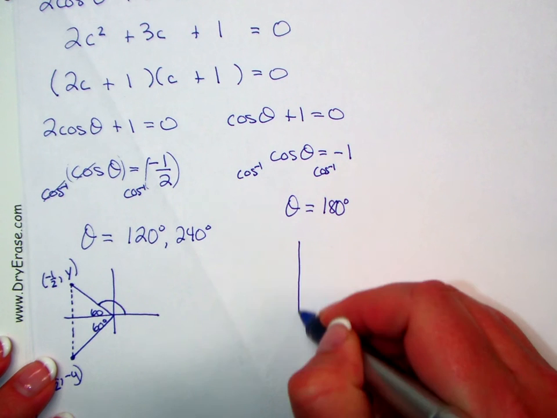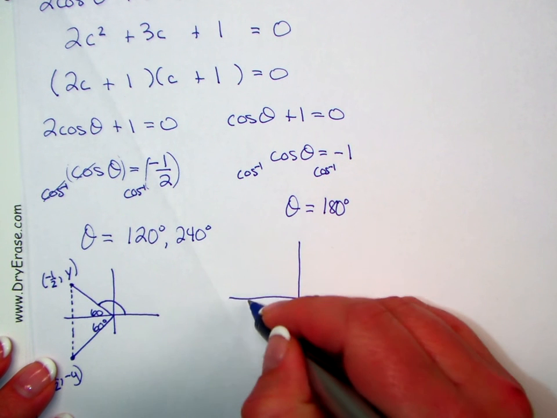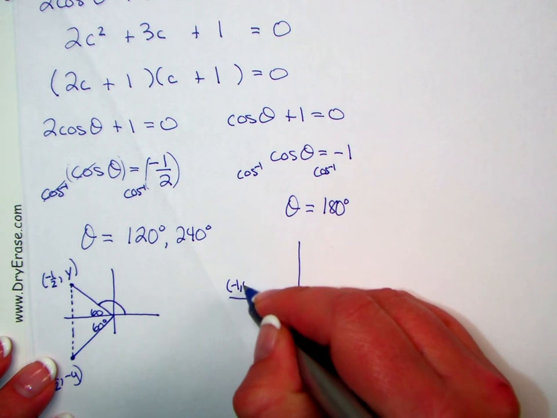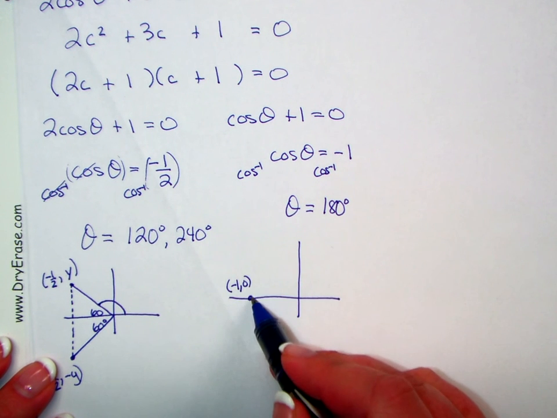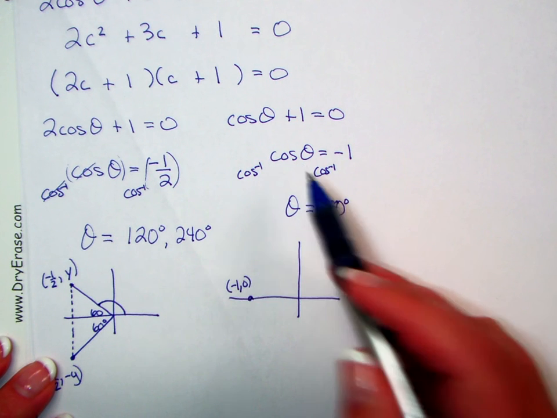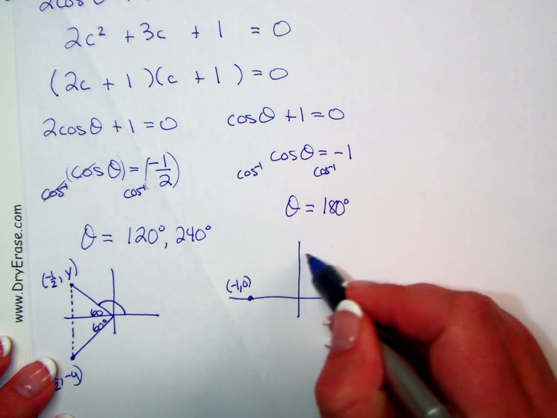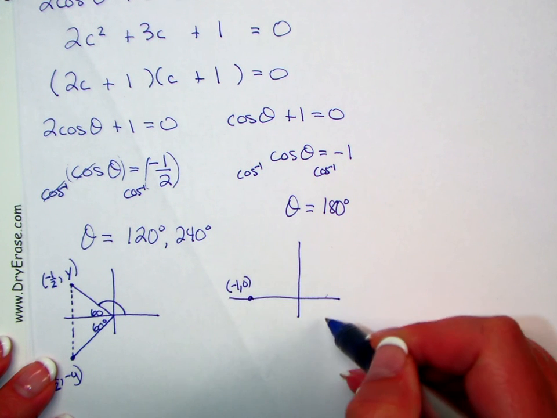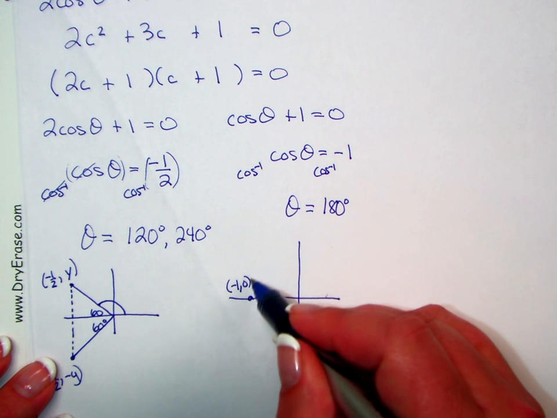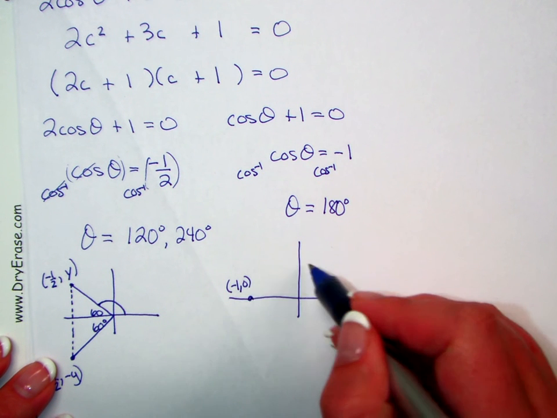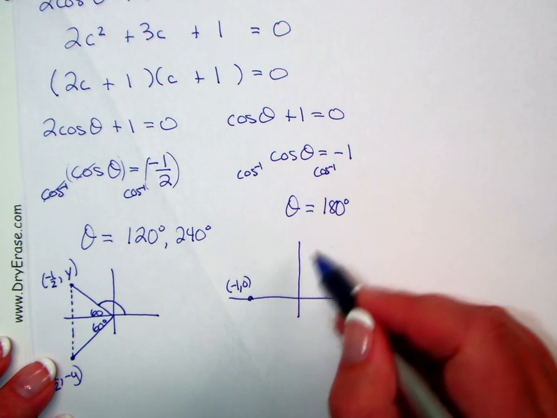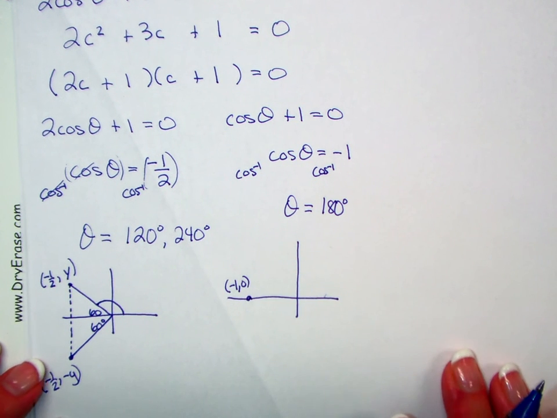So if you think about where cosine is negative 1, it's here on this quadrantal angle. Okay, and this function is 2 pi periodic, right? So if I were to do the unit circle and go around one time, where is cosine equal to negative 1? How many times? Okay, it's only equal to negative 1 once, and that's here. So this only has one solution, right?